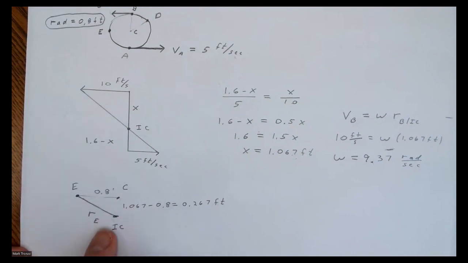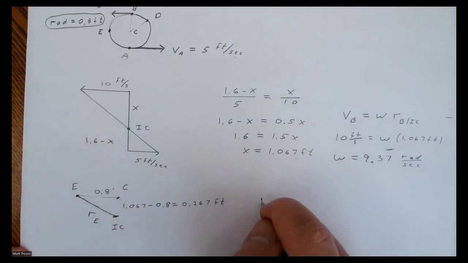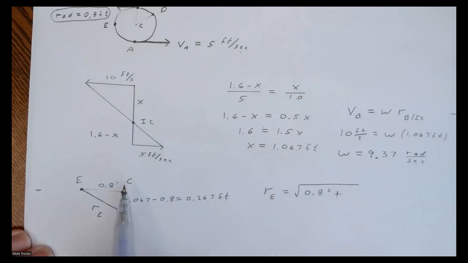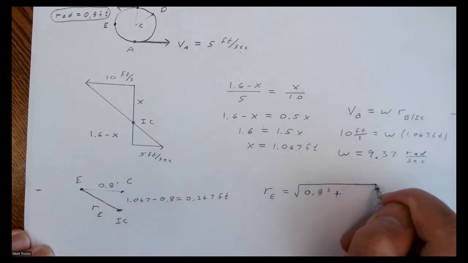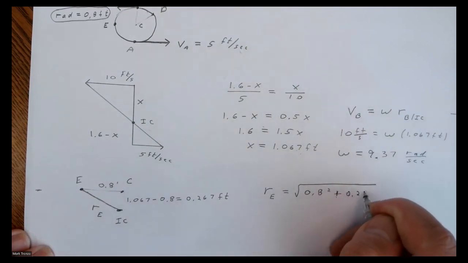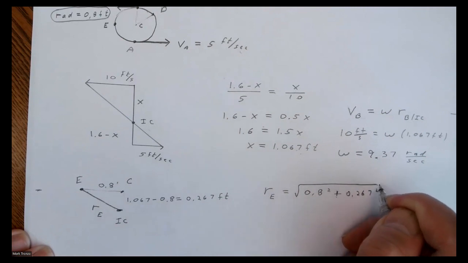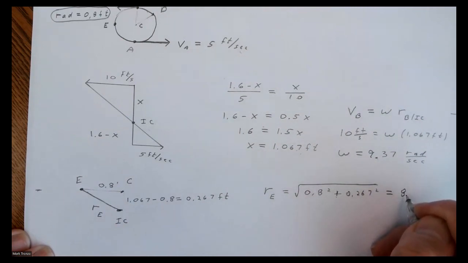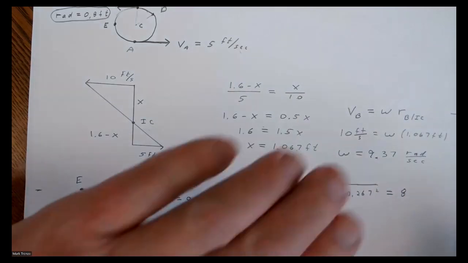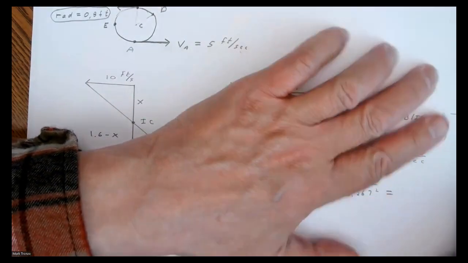And so to find this radius RE, using the Pythagorean theorem, it will be 0.8 squared plus 0.267 squared, and that comes out to be 0.8433 feet.